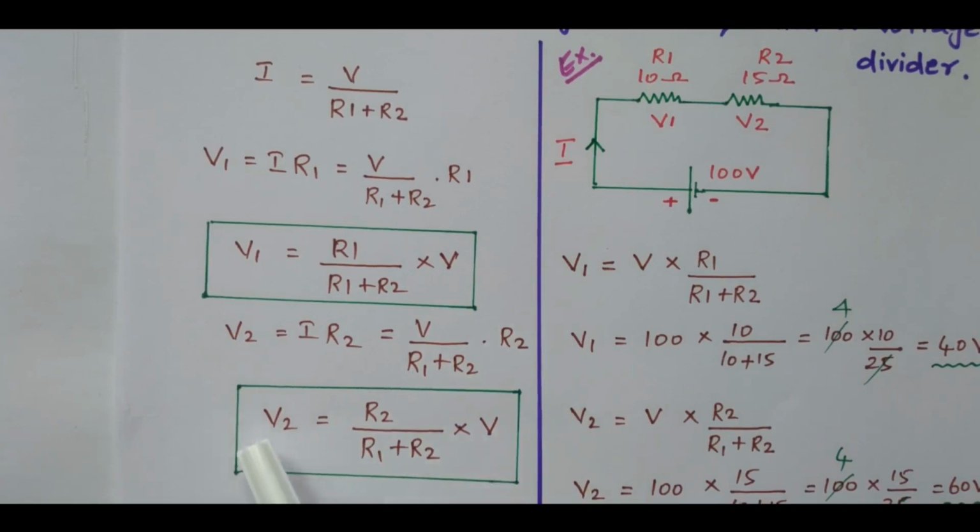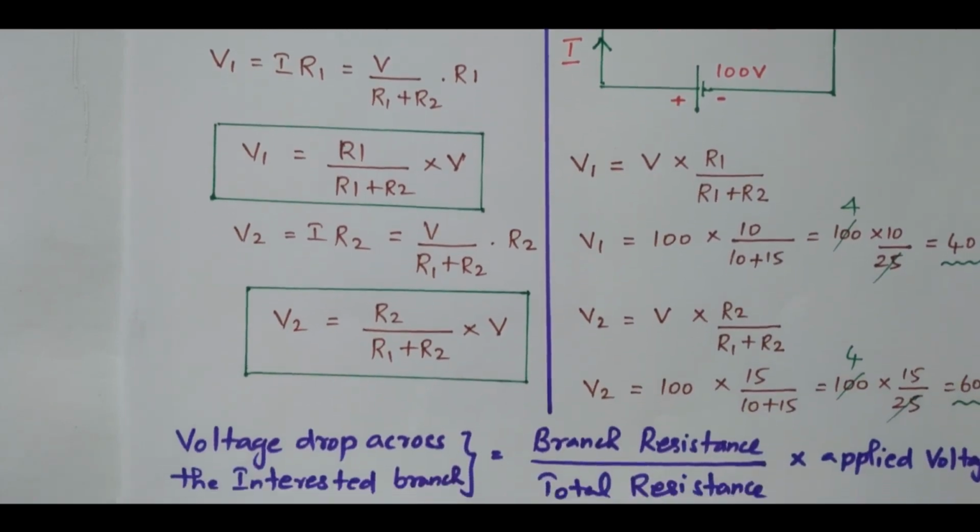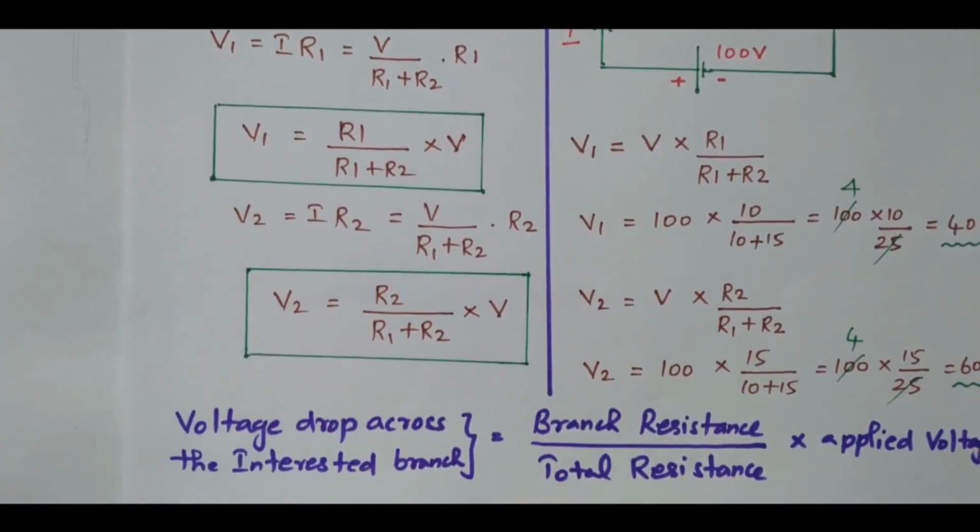So the voltage drop across resistor R2 is the resistor value R2 divided by the total resistance into the applied voltage. From this we can see the general formula. The voltage drop across the interested resistor, the one whose voltage drop we need, is the branch resistance divided by the total resistance multiplied by the applied voltage.